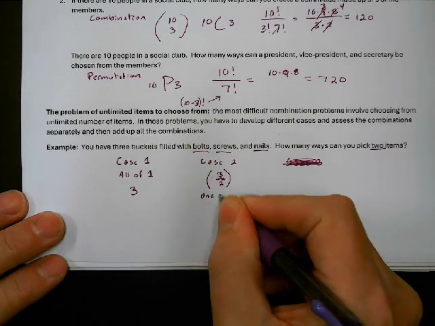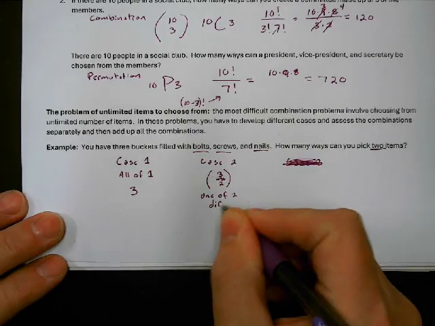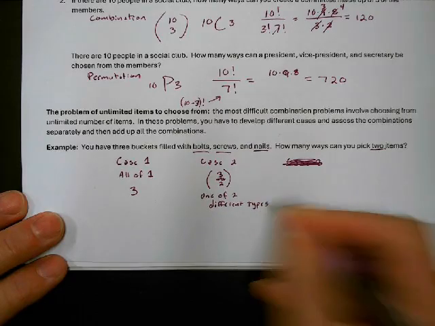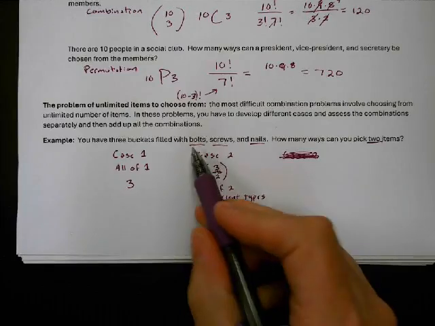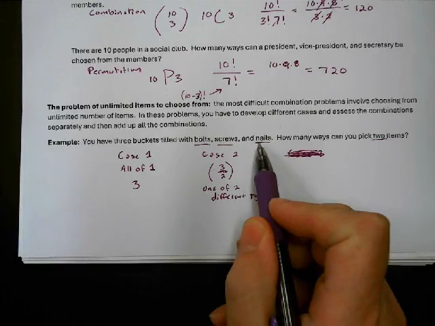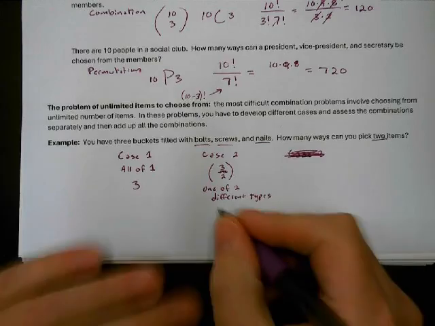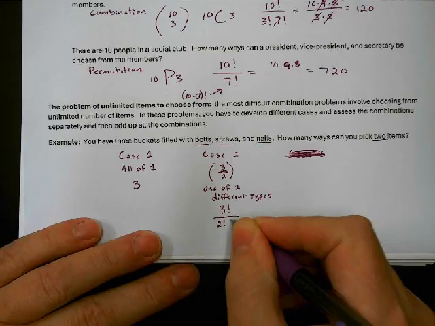So if I'm getting 1 of 2 different types, that would be a 3 pick 2 scenario, because I could do a bolt then a screw, or a bolt then a nail, or a screw then a nail. So that would be 3 different combinations, 3 pick 2, which just comes out to 3.